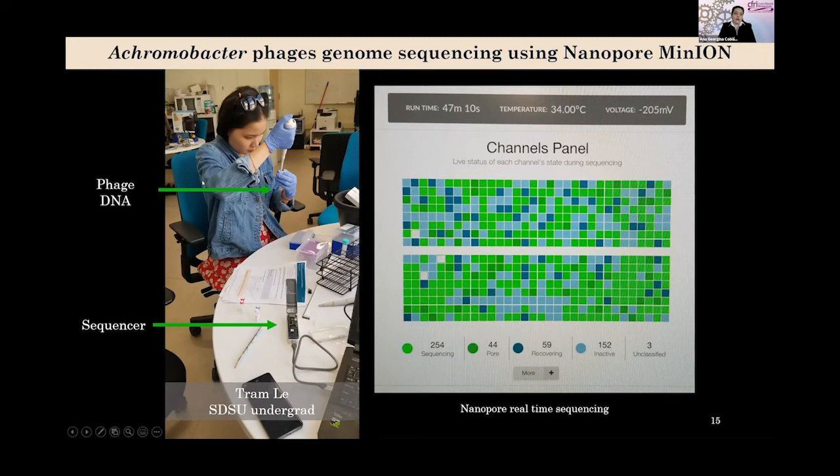So here we have Tram Lee, who isolated several bacteriophages, putting the phage DNA into the sequencer, and then sometime later we get the genomes. In our case, this was some time ago, we combined the nanopore sequencing with the Illumina sequencing to get complete phage genomes assembled.